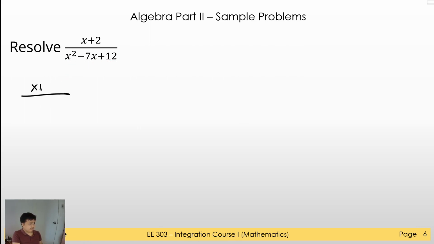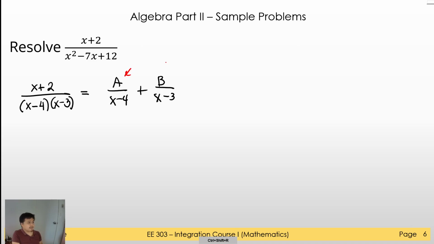So the factors of x squared minus 7x plus 12, by trial and error, will be (x minus 4) and (x minus 3). Okay, so to decompose this fraction, we have A over (x minus 4) plus B over (x minus 3).